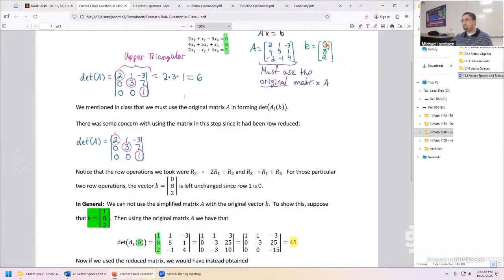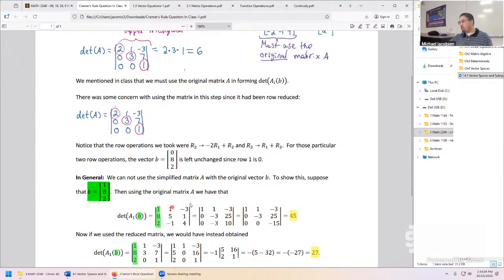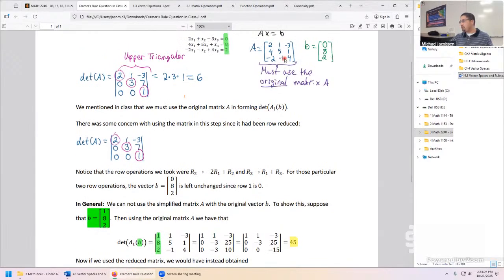I plugged in a 1. It took me a while to notice the row operations didn't affect the b, and that was the main crux of it. When I plugged in a 1 and used the original matrix, 1, 5, negative 1, copied down, column 3, negative 3, 1, 4, working out this determinant, I got 45. And I used properties of determinants again on this one.